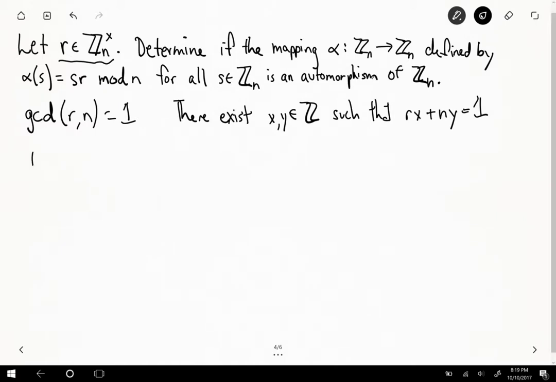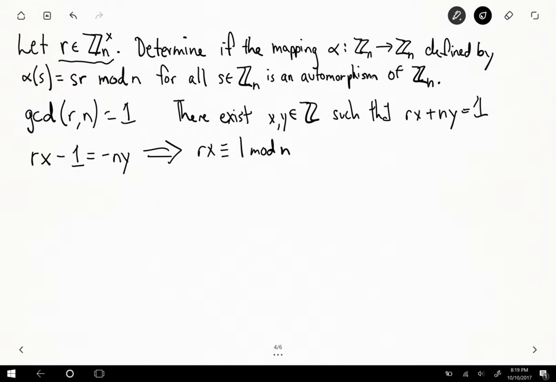Or another way to think of this, you can think of it as Rx minus 1 is equal to negative ny. And why is that important? Well, that implies that Rx is congruent to 1 mod n.